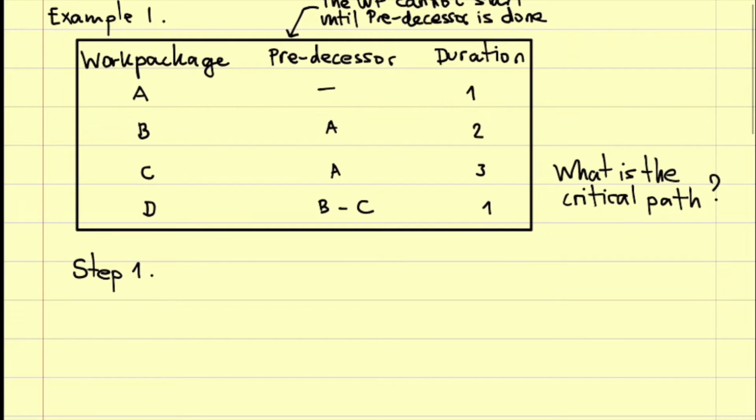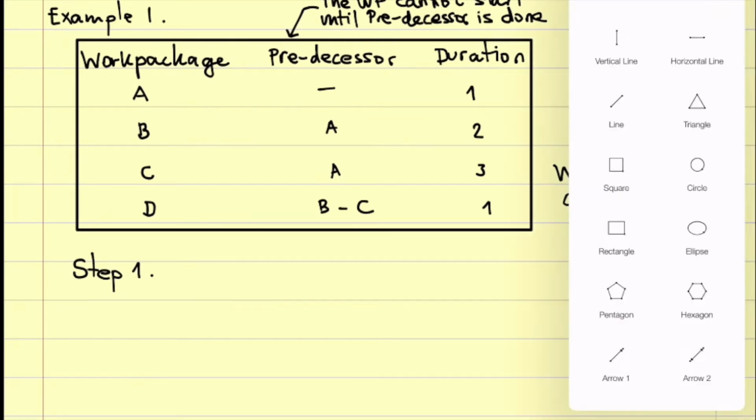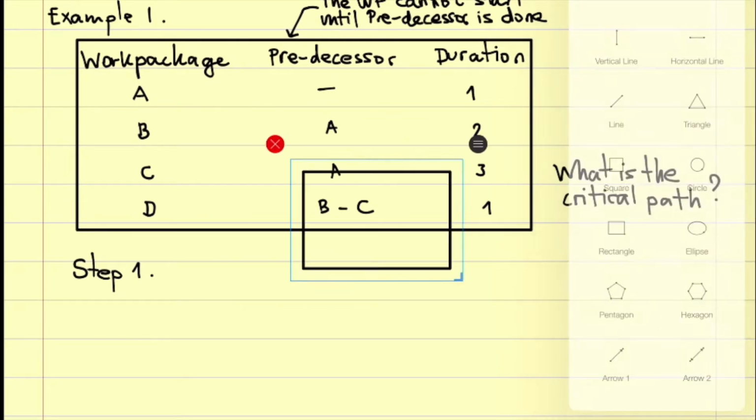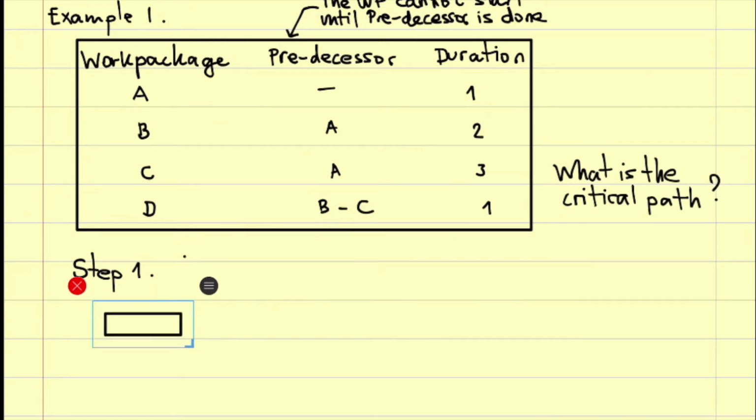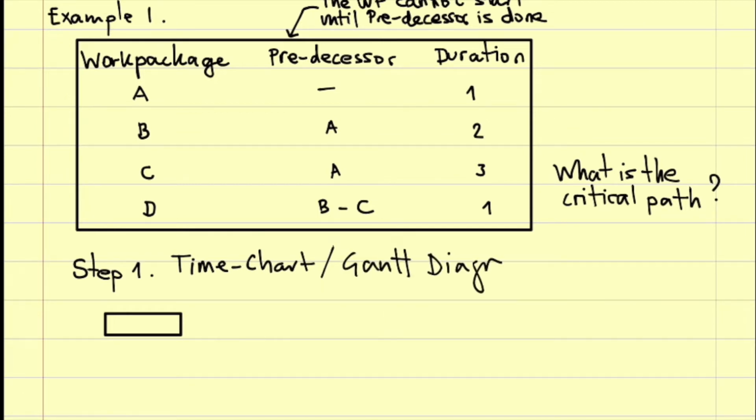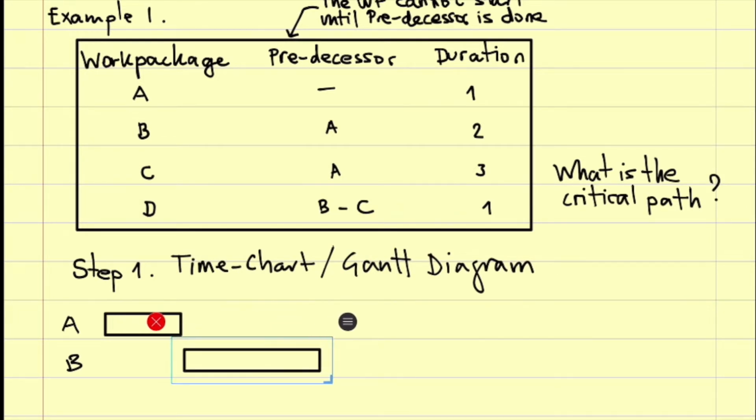Let's say the logical steps to it is to first do a flowchart, a time chart. What we call here our Gantt diagram. Being this work package A, here work package B. It has a length of 2 time units, so I make it double.